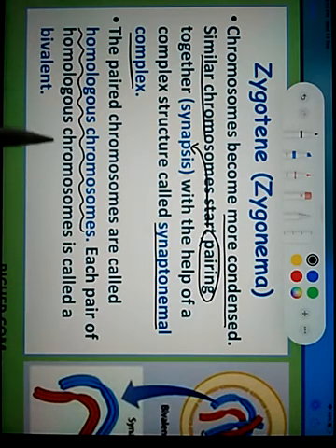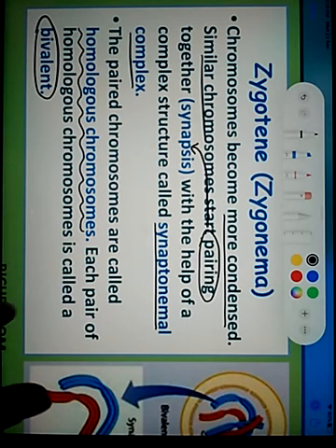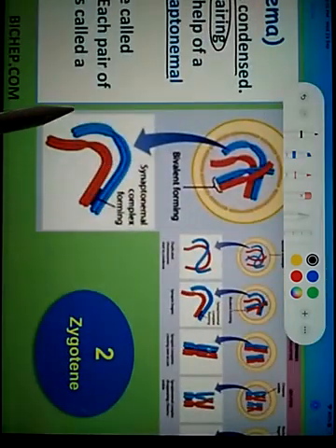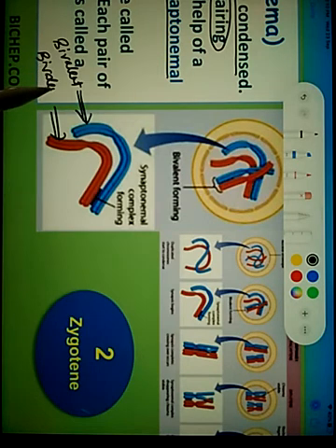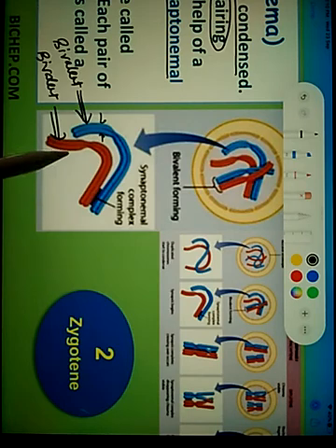Each pair of homologous chromosome is called a bivalent, right? So if I talk about this blue one, it is a bivalent chromosome. And if I talk about this red one, it is also bivalent because it has two arms, one and two, one and two.